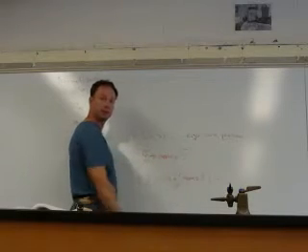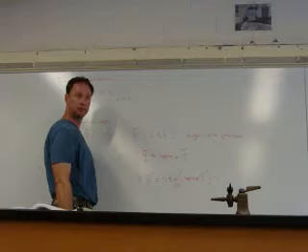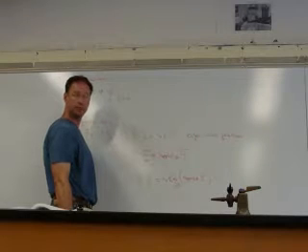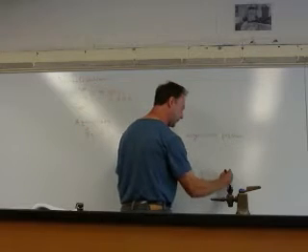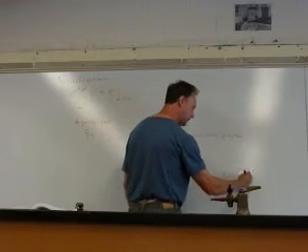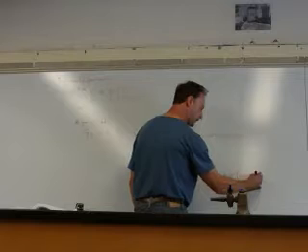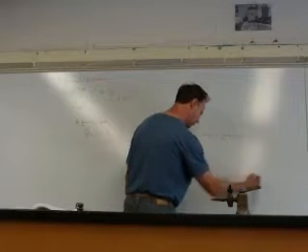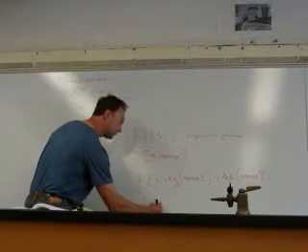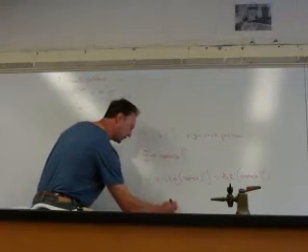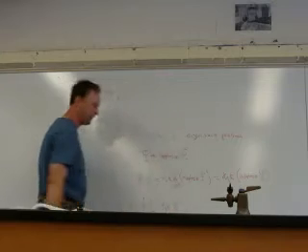And when it operates on this, what does it pull out? h bar k, right? So this is going to come out to equal h bar k times apples times psi, or p times psi prime equals h bar k times psi prime.